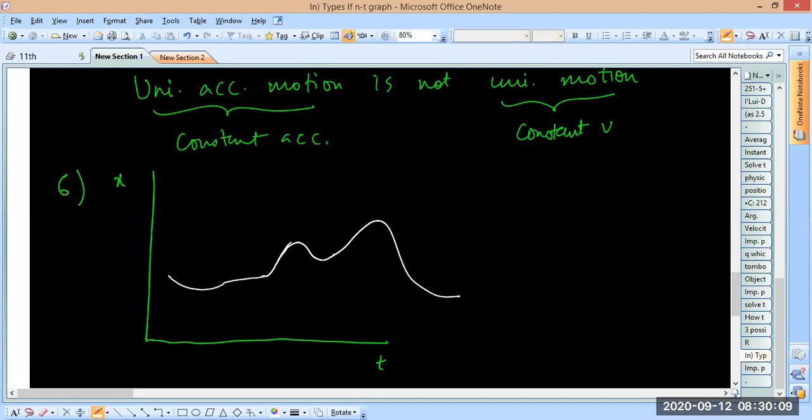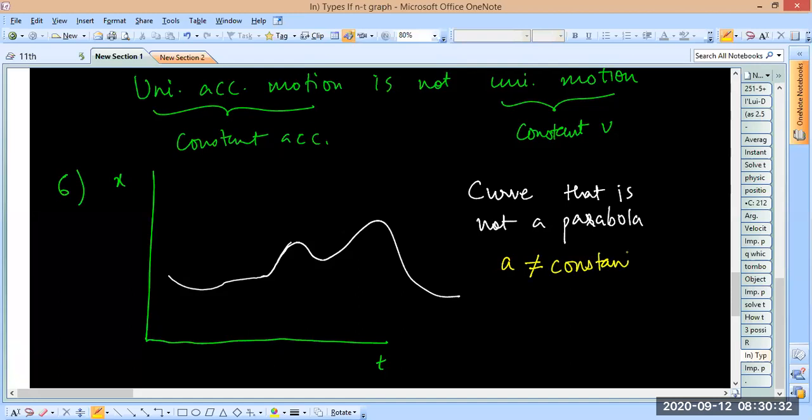Any kind of curve that is not a parabola would indicate that the acceleration is not constant, and velocity also is not constant.